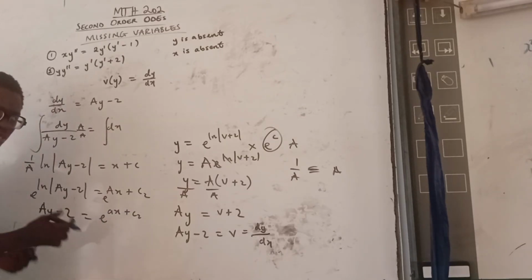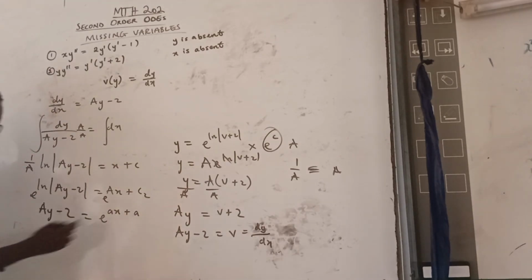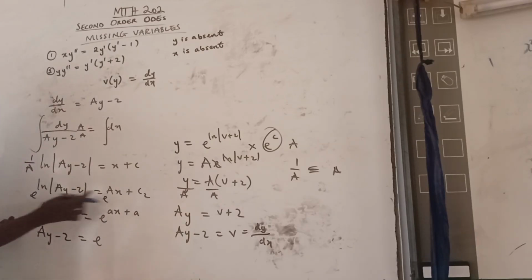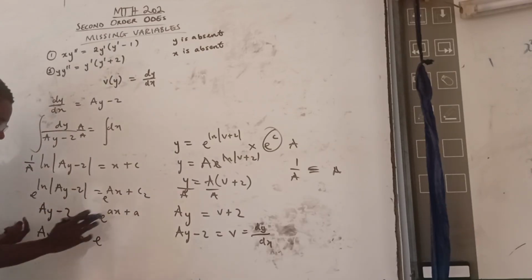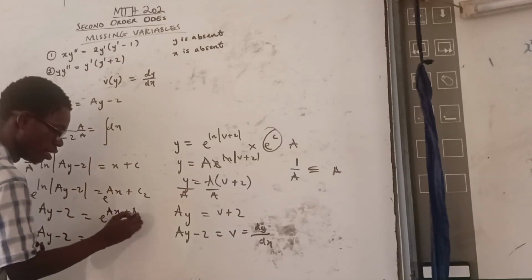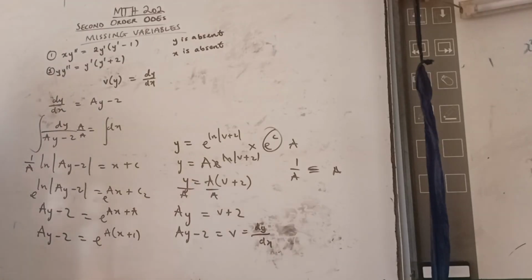Now a is an arbitrary constant, c2 is an arbitrary constant. Let me write both of them as a. So I can now rewrite this as ay minus 2 equals e raised power a into bracket x plus 1. What we are doing is still the same thing, it's still valid.